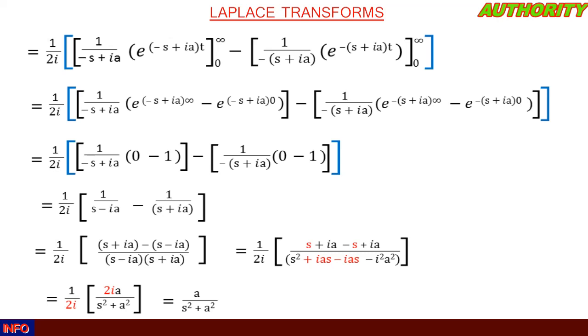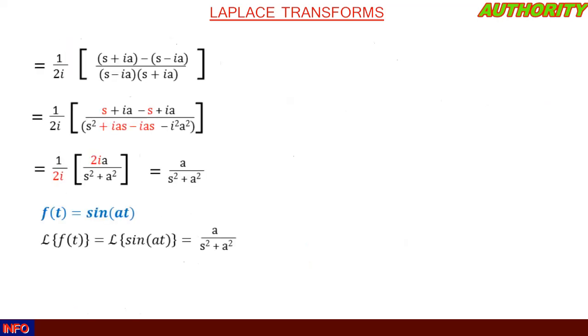So here we see that for f of t equal to sine at, the Laplace transform of this function is a over s squared plus a squared, where a can assume any value.